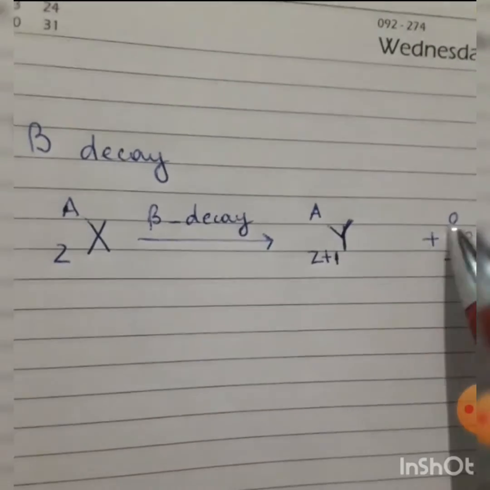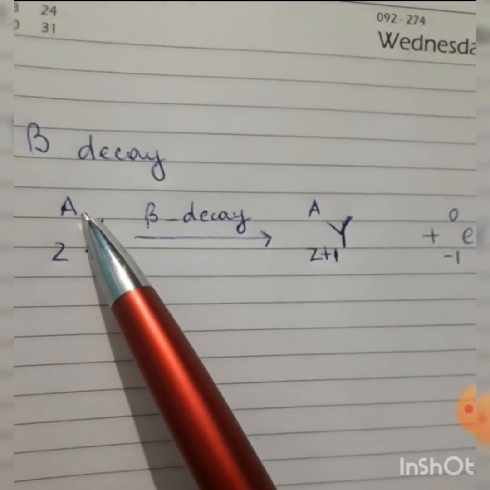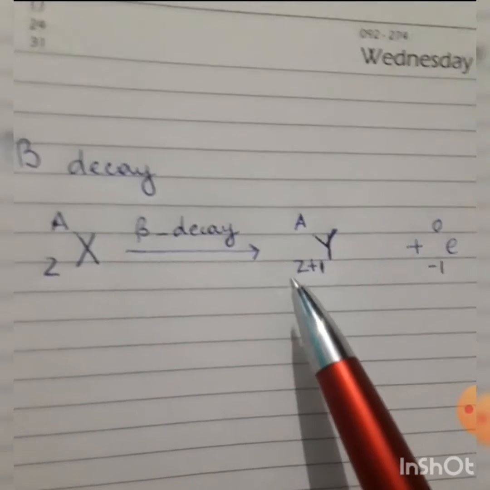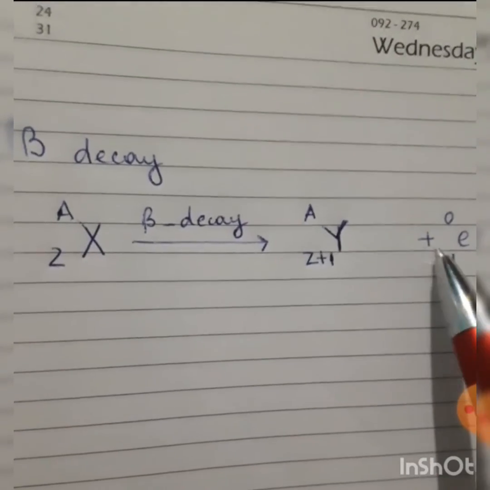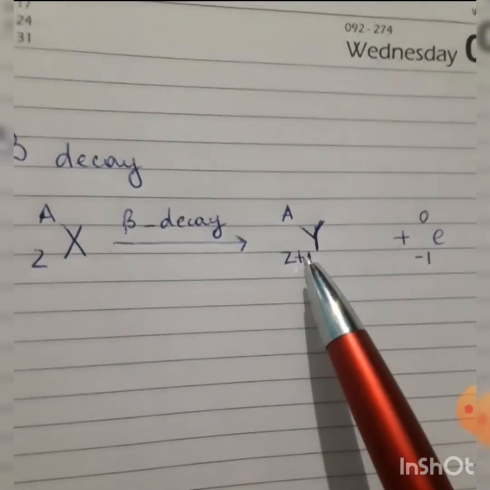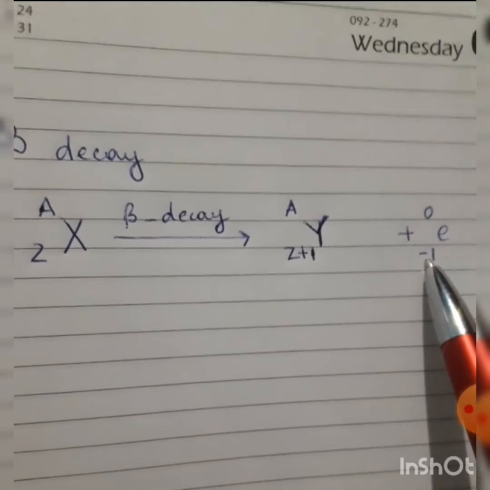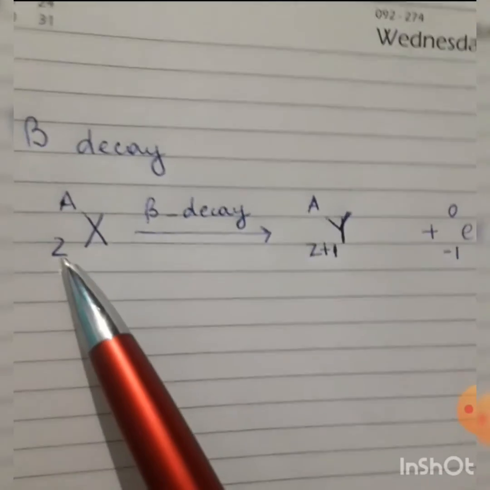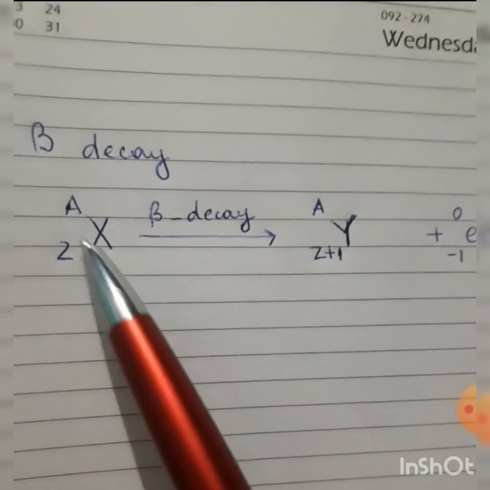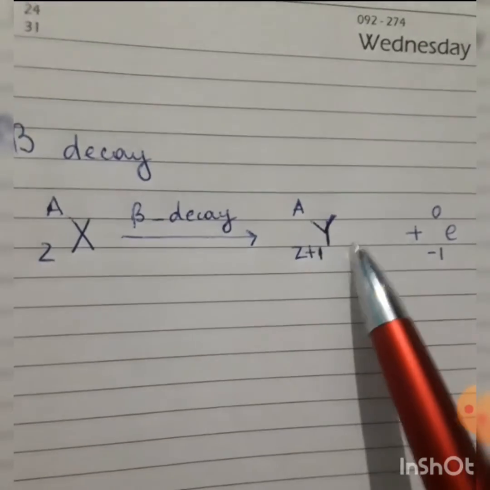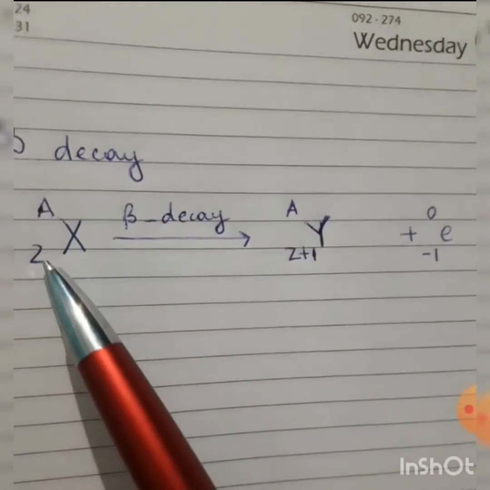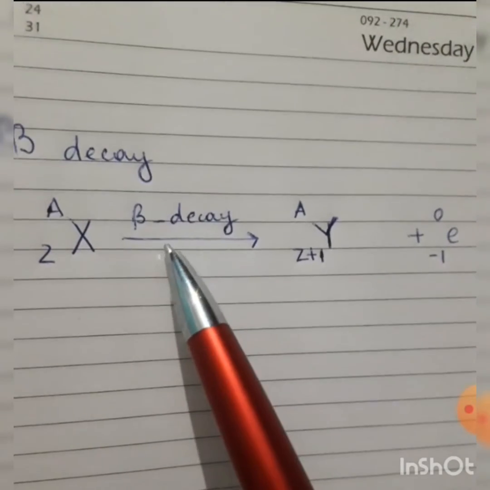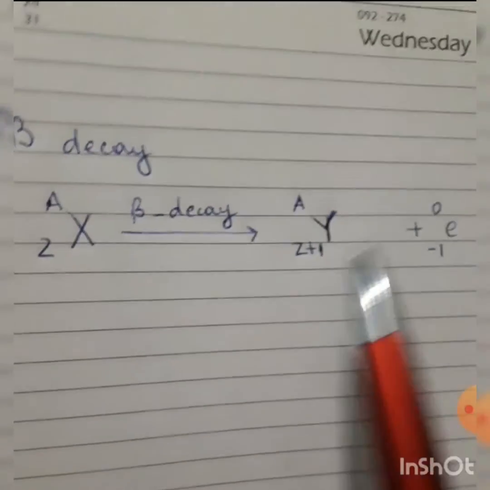Check the atomic number: Z plus 1 plus -1. The plus 1 and -1 cancel and leave Z, which equals the left hand side atomic number. So on both sides the mass number and atomic number are balanced. Therefore, this is the formula for beta decay.